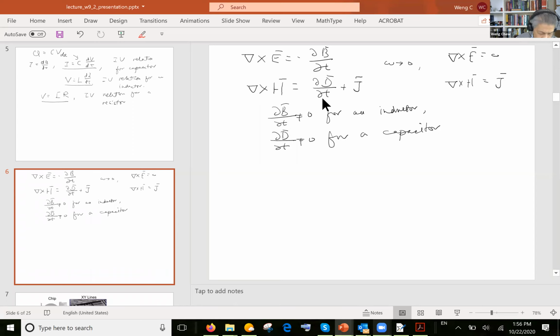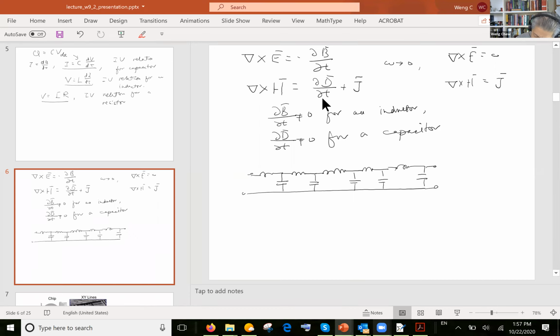A very good example is that of a transmission line. We notice that we can use circuit theory to describe a transmission line, as long as we don't throw out the capacitors, and this eventually becomes a transmission line. And we have the Telegrapher's equation.